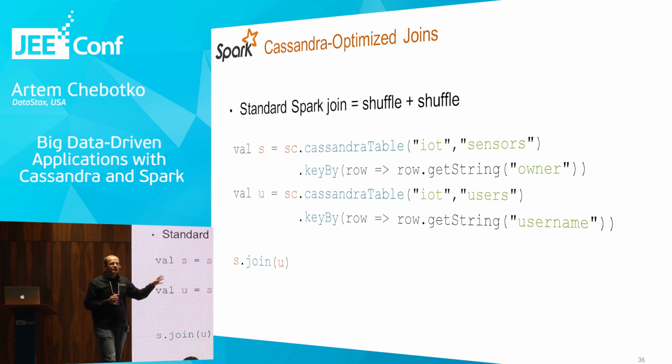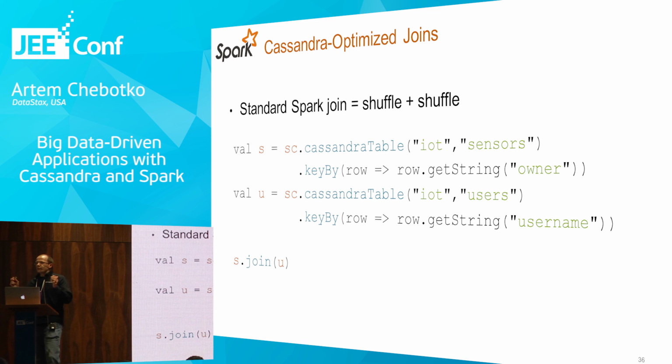The only Cassandra-specific part is that you read data from the Cassandra table, table sensors, and create a key-value pair RDD out of the Cassandra RDD by using the keyBy transformation. So you're going to have your rows organized by owner. Then you read data from the second table, users, that you saw before, and organize the data by username. After that, you can simply call join, and you're going to join these two tables. So you will essentially find which sensors belong to which user.